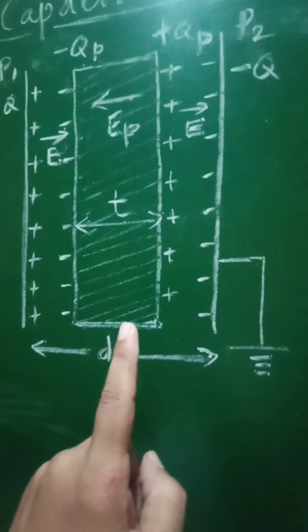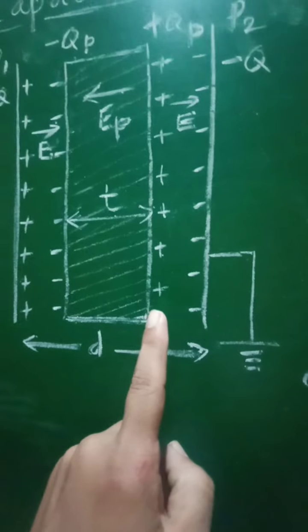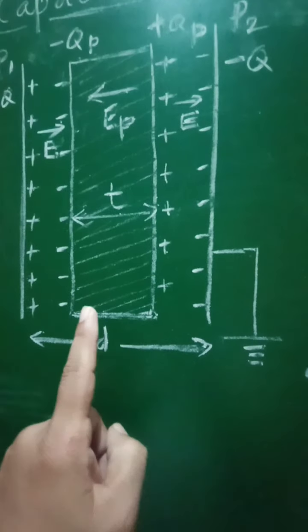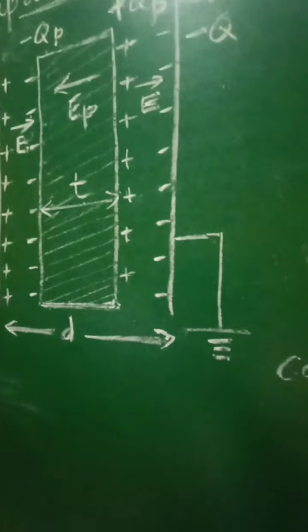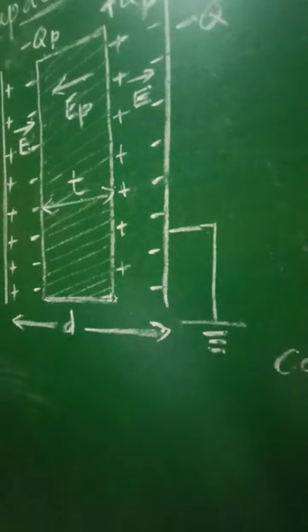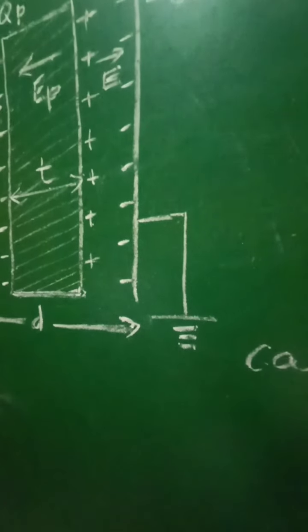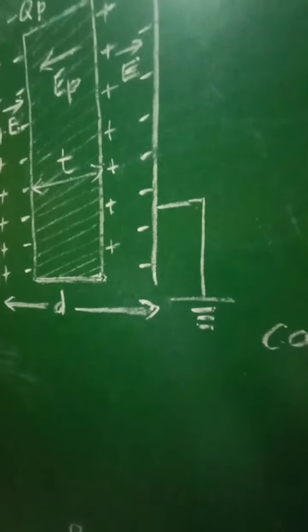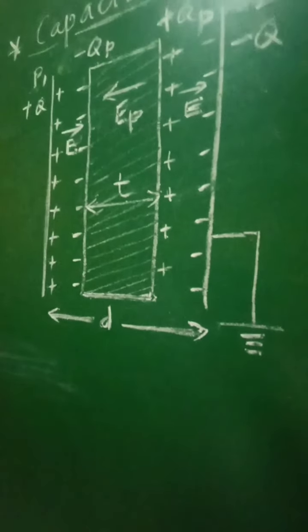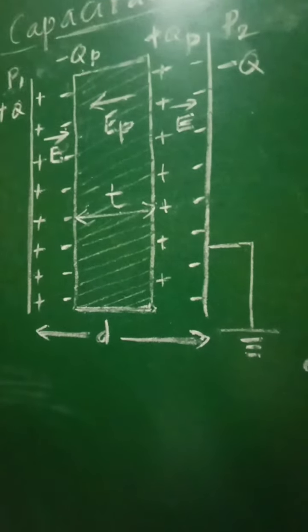EP is the electric field which is directed from the positive side of this dielectric to the negative side of that dielectric slab, and hence these induced charges set up an electric field EP inside the dielectric in the opposite direction to that of the original electric field E0.